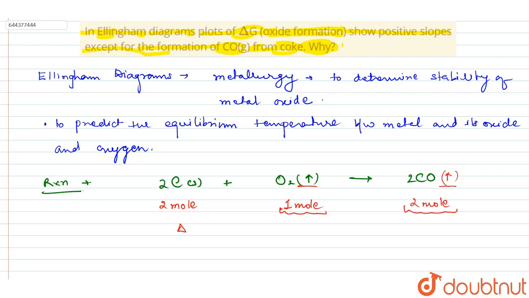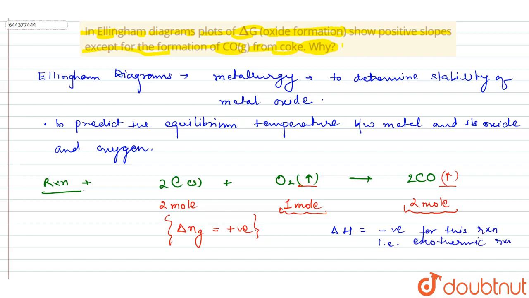So delta Ng is positive in this case. Now what happens here? This reaction is highly exothermic in nature, so the delta H of this reaction is negative. It is an exothermic reaction.